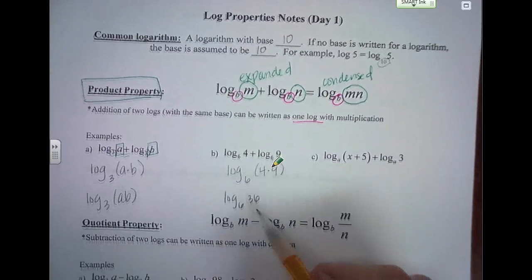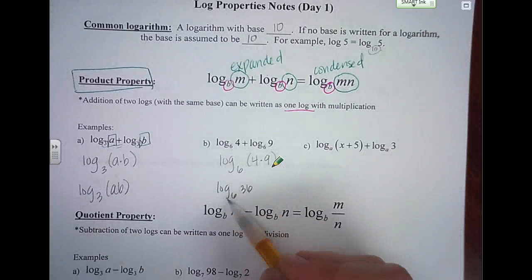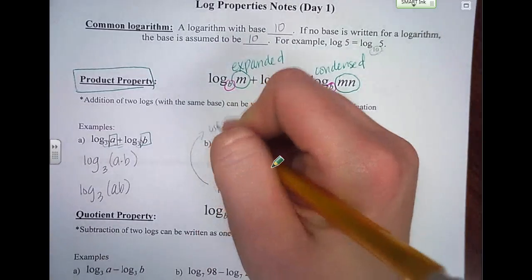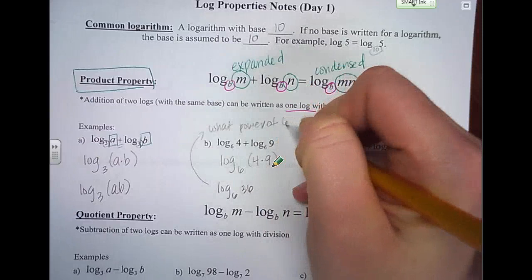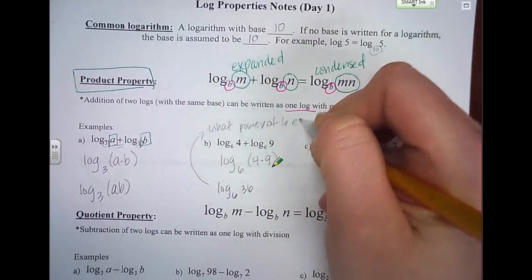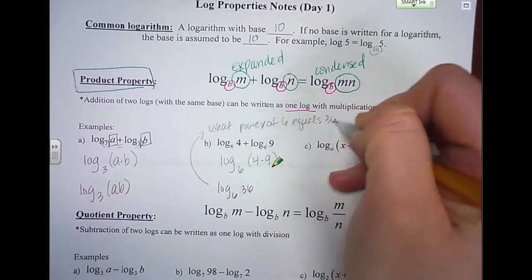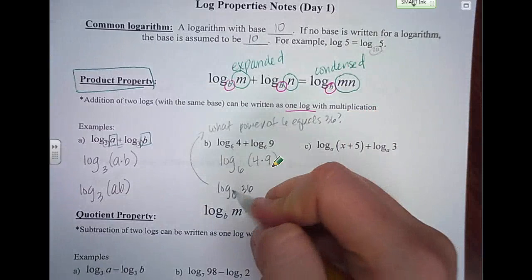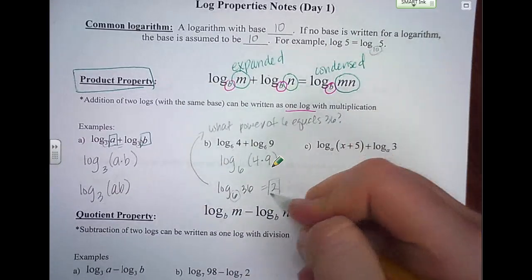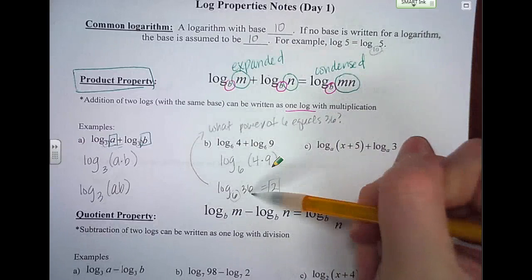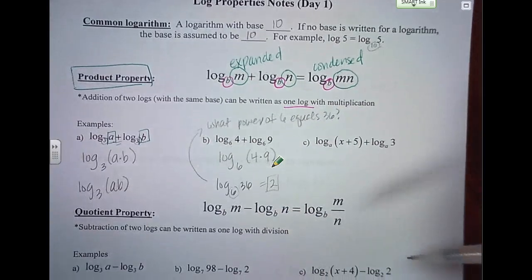On this one, remember, logs are asking: what power of 6 equals 36? What power do I raise 6 to get 36, which would be 2. So let's focus on the property, but don't forget that you can still simplify some of these things.